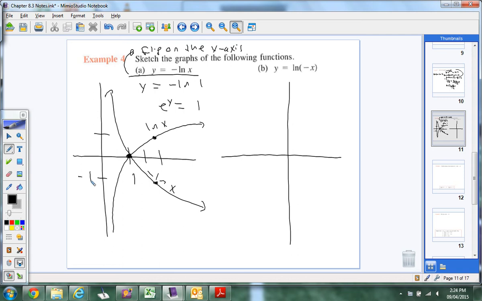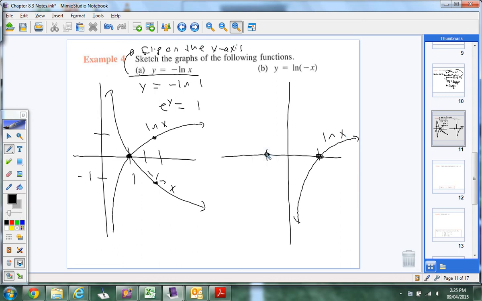Okay? All right, so with the second one here, I'll draw the regular again. So our regular is still right here. That's our regular ln of x look. So what would change on this one? Right, it's going to be a vertical flip.